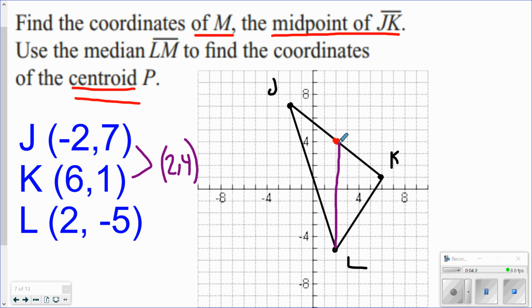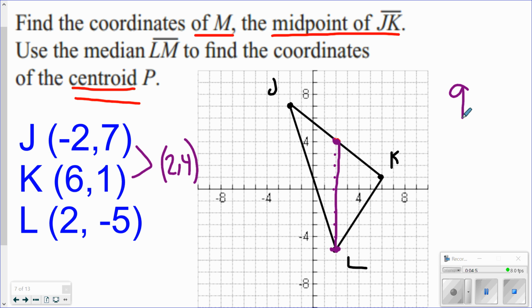The goal here is that we want to figure out where the centroid, point P, is. From a couple slides ago, we talked about that the centroid is located 2/3 from the vertex. So if I count the length of my median, starting from this point here to this red point, I count 1, 2, 3, 4, 5, 6, 7, 8, 9. I know that my entire median is equal to 9.